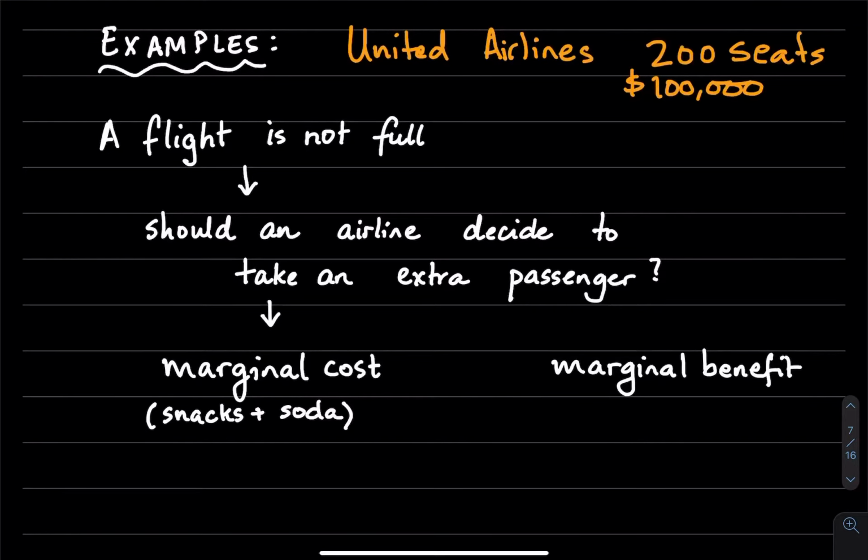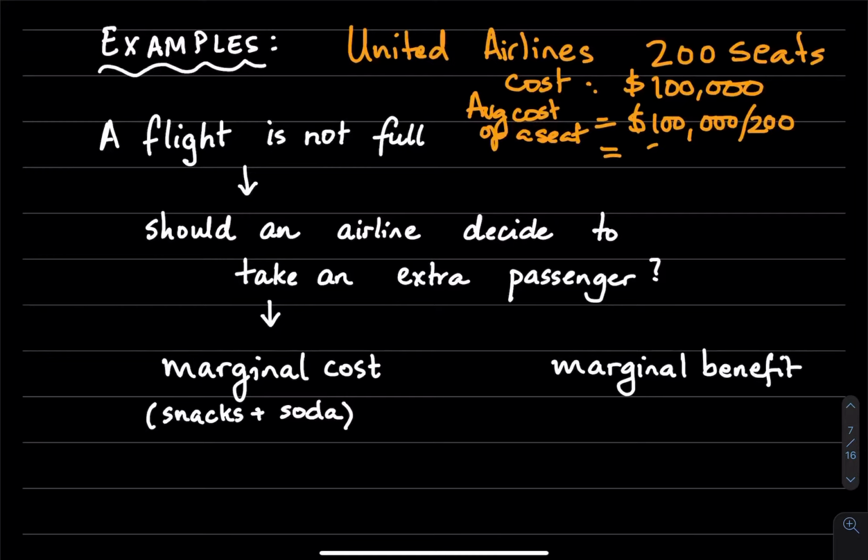So this is the cost of flying that segment to the airline. In this case, you can think about the average cost of a seat, which would be 100,000 divided by 200, which is equal to $500 per seat.